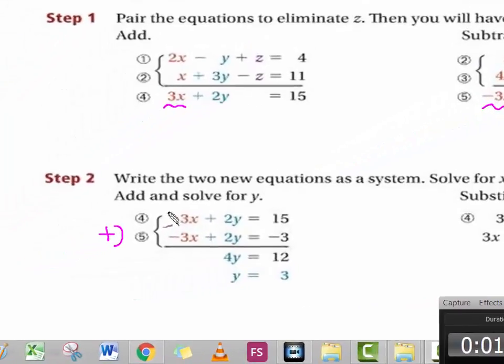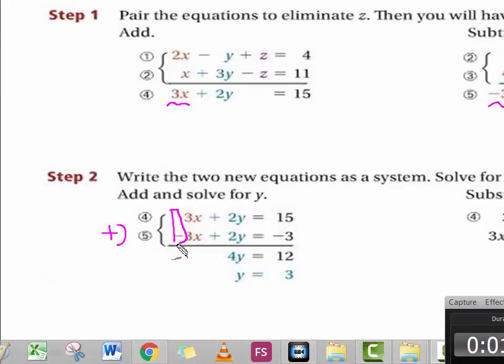Same logic, because they have different signs, one is plus 3x, the other is minus 3x, we use addition instead of subtraction. Once we add them, the x variable is going to be eliminated. It's gone.